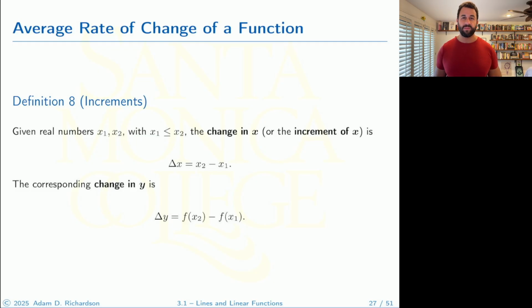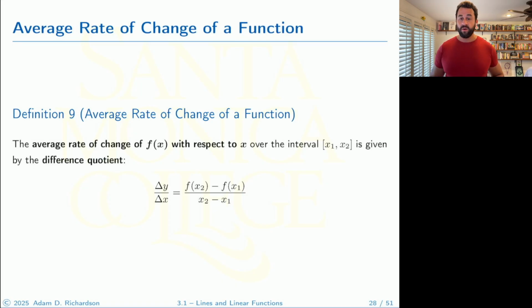Same thing we saw when we talked about slope. Now, because we're talking about functions, if there is a change in the input values, there is a corresponding change in the output values, and we call that delta y. So this is what we call the increment, and then this is the corresponding change in the output values. That's what we mean when we say increment.